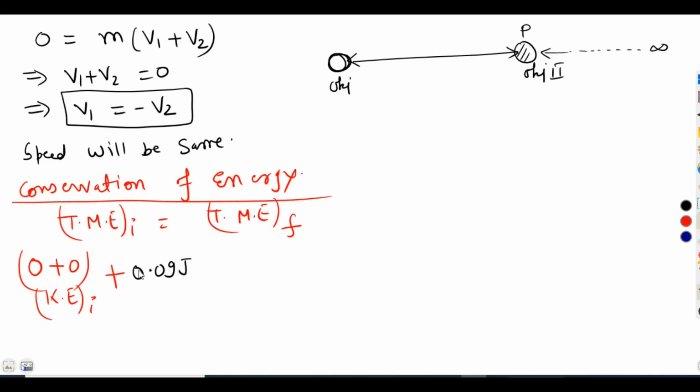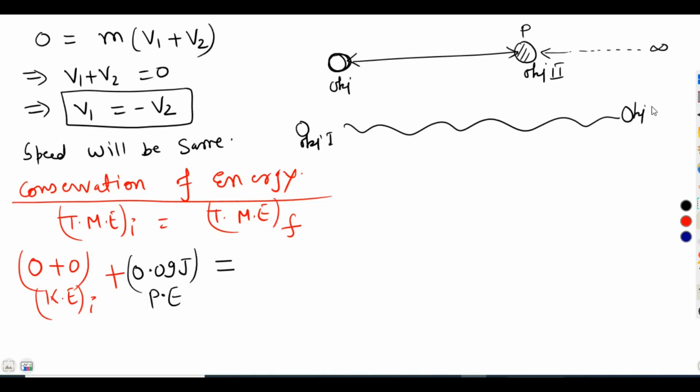So this is the potential energy initially for this system. After releasing, when they are very far apart, both the objects are at infinity, so their potential energy will now be 0, and the kinetic energy will be half m v square plus half m v square.